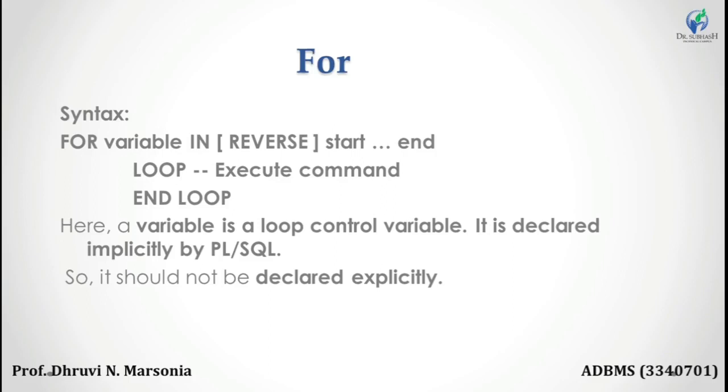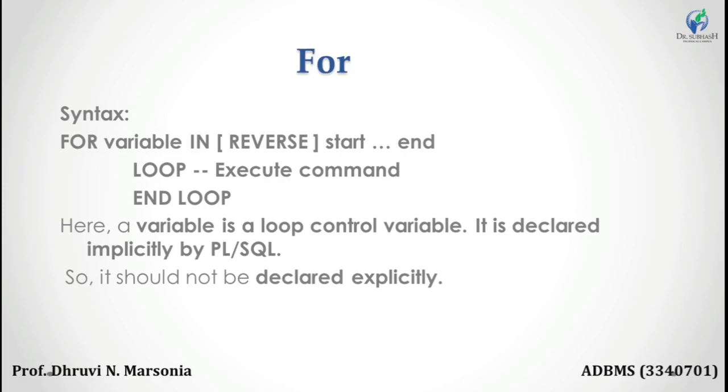So the third iterative control is the for loop. The syntax of for loop is different compared to our C. The syntax of for loop is: for variable in reverse start 3 dots end, after that put loop, execute command and end loop.